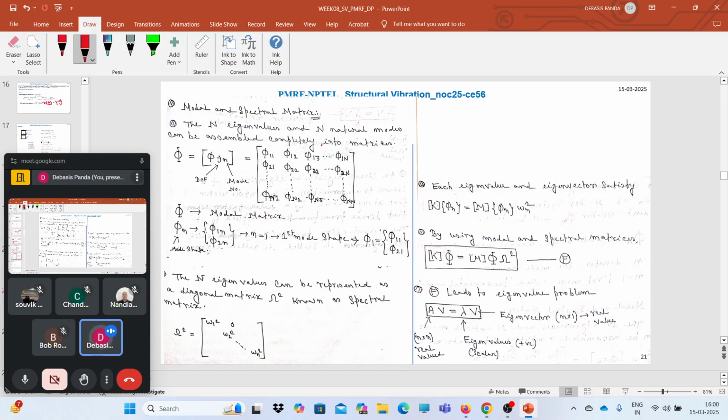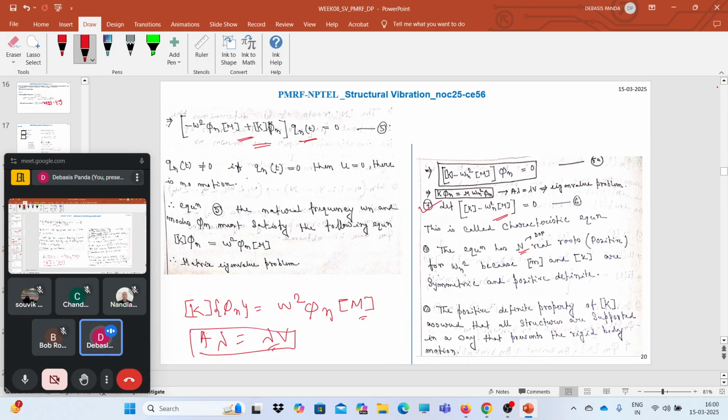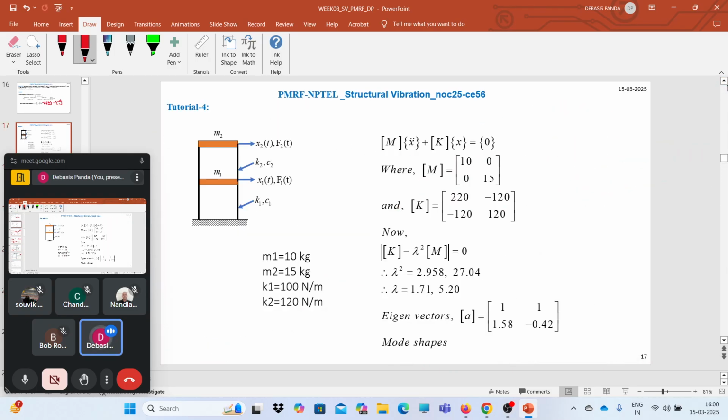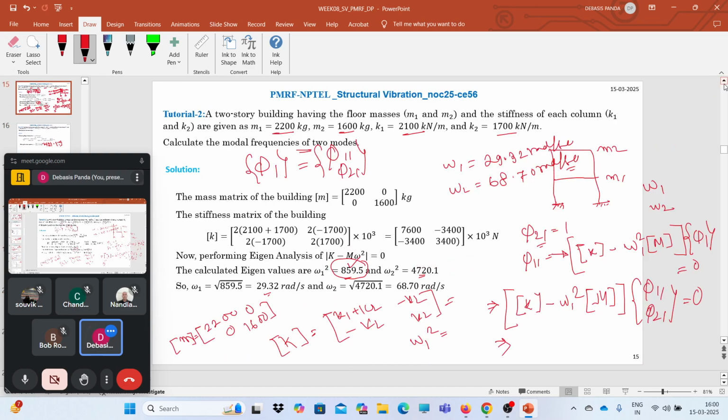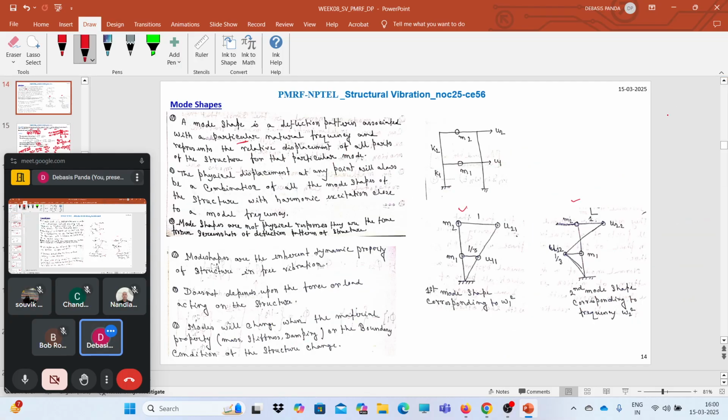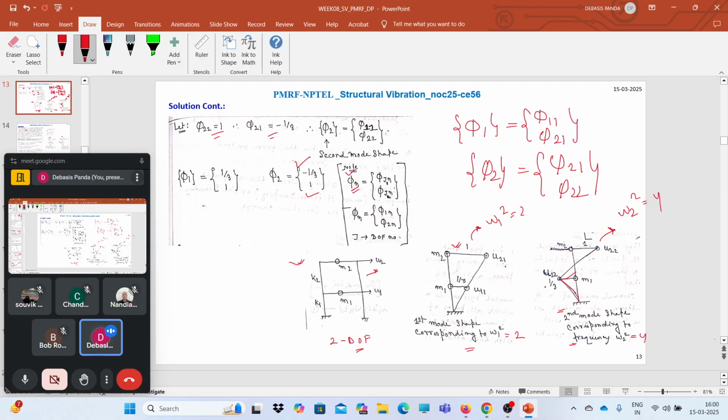Now, at the beginning I said that for an n degree of freedom system we will have n natural frequencies and n mode shapes. For the 2 degree of freedom system, we have seen that we have two natural frequencies and two mode shapes, corresponding to which we have phi 1 and phi 2.